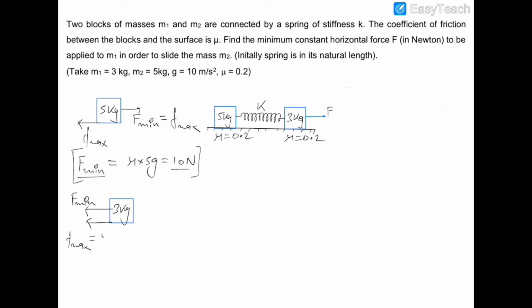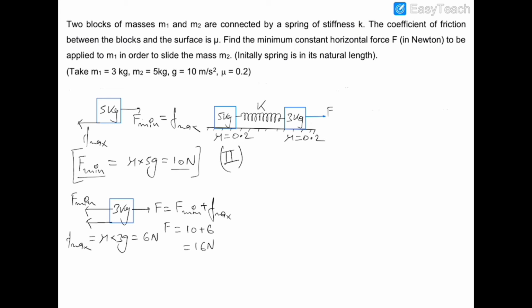So it will be mu into 3g and it will be 6 newtons. So this F which is required to move this block will be this F minimum plus F friction. So this F will be 10 plus 6, which is 16 Newton. So 16 Newton will be the force required to move this block if we equate the forces on the 3 kg block. Now let us do with another method, method 2.